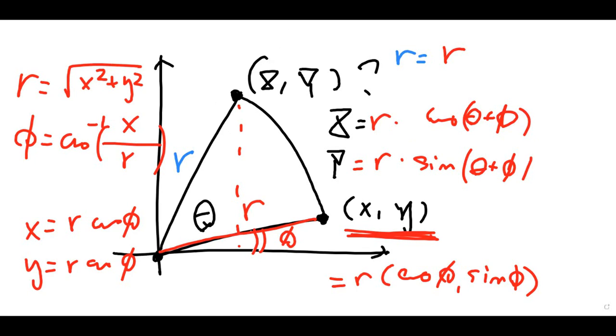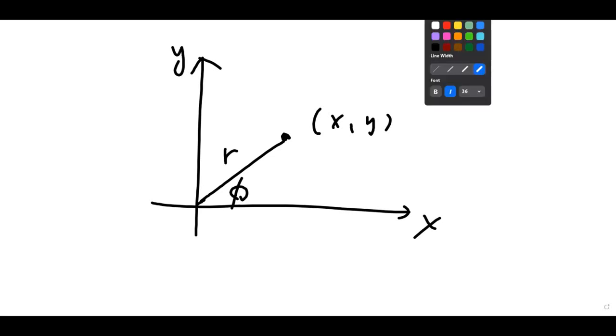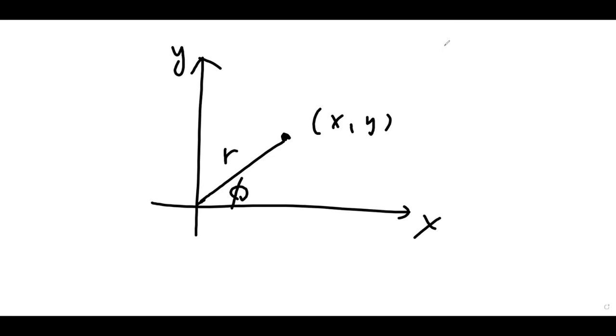Now let's go to another case: your axis moves, but your object doesn't move. Your object is right here, at x, y. The angle is still phi, and the length is still R. Now your frame rotates by an angle of theta.